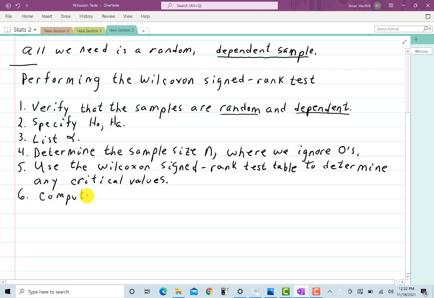Compute the test statistic WS. Now it's a little bit different than the ones we did before. I don't actually have a formula for you, but the way we'll set up a table like the following. We'll set up sample 1, sample 2. This will be a paired sample, as I mentioned. And then what we're going to do is create a column that is the difference.